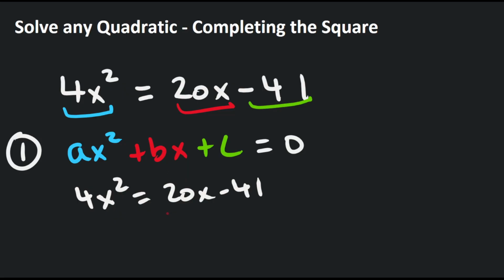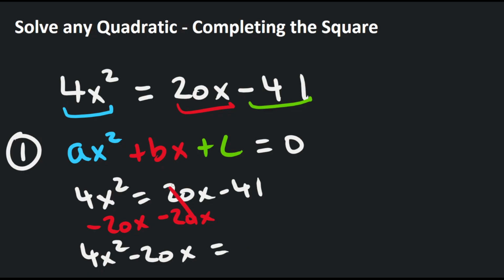Positive 20x, what's the opposite of that? Negative 20x to both sides. Good. Then we are left with 4x squared minus 20x equals, this canceled out, so we are left with negative 41.